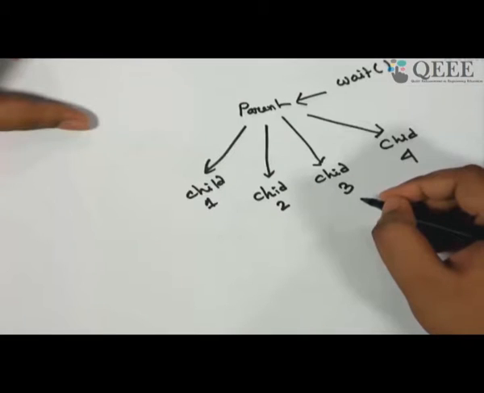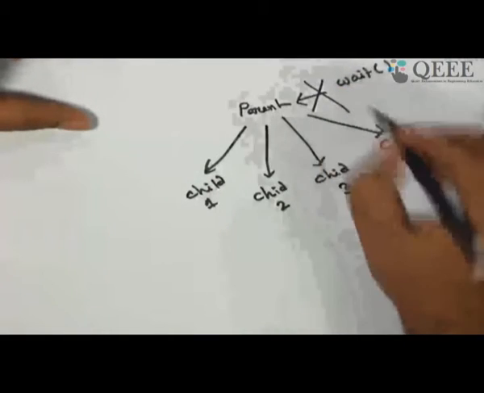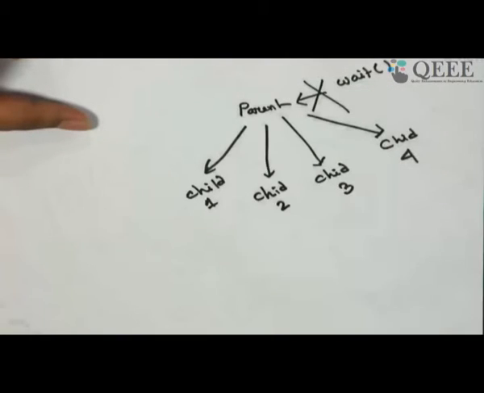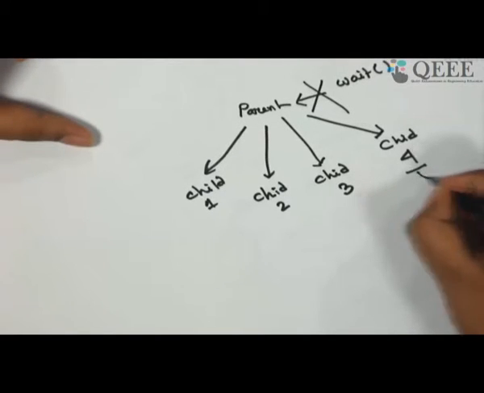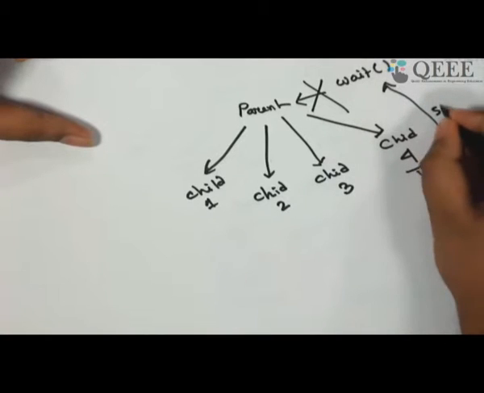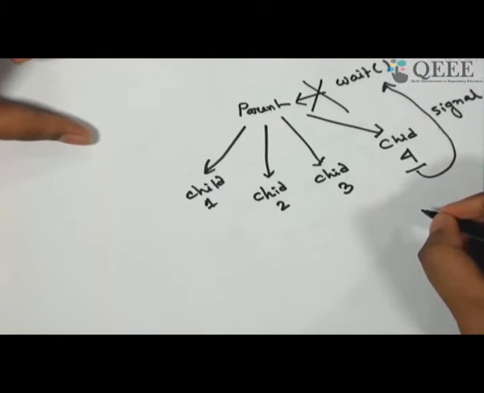Now assume that some system error has happened and the parent got suddenly terminated. If that is the case, the children are still executing, but the child will not be able to send the signal to the parent process.